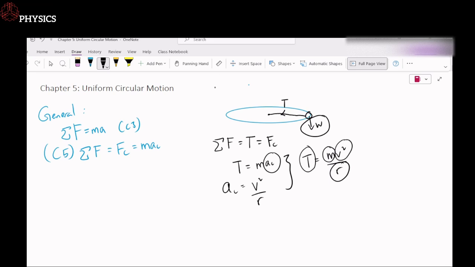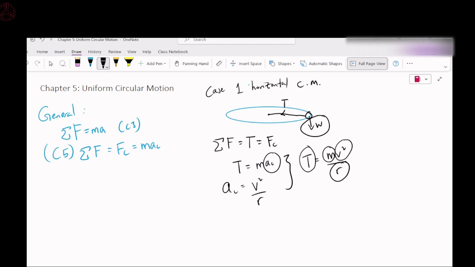So this is case 1, horizontal circular motion.